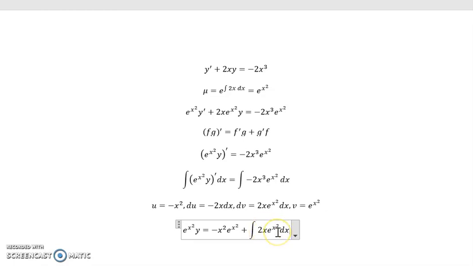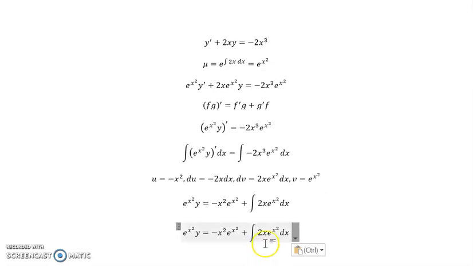This integrates one more time, and we saw it up here before when we integrated previously. So copy this line, and then this integral is going to become just e to the x squared plus our constant of integration.